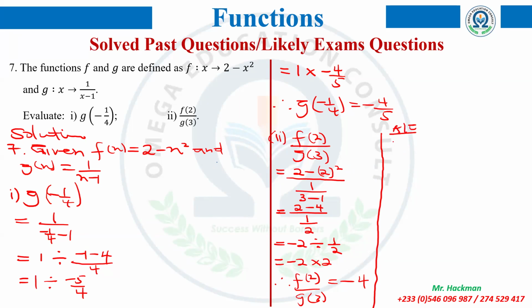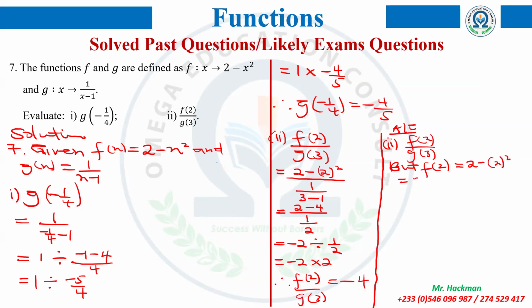After extracting your f of 2 over g of 3, like I said, you take parts. So go and find f of 2. It is equal to, wherever you see x in f of x, you put 2 there. So that will be 2 minus 2 squared. I will simplify.